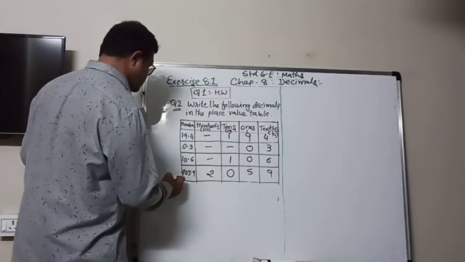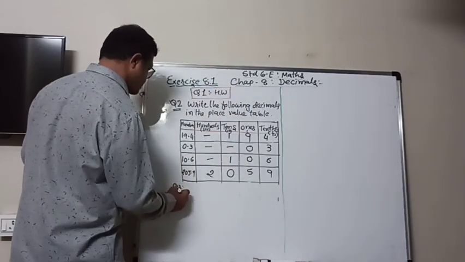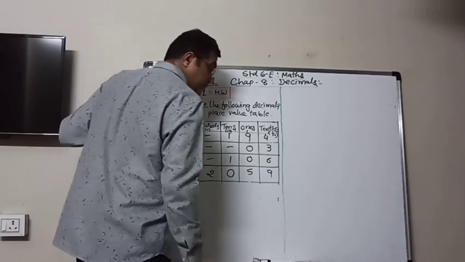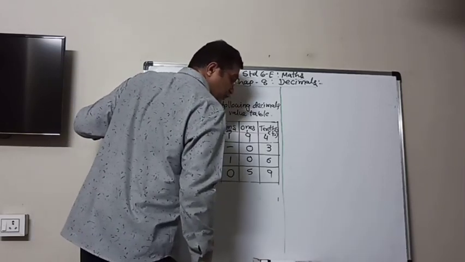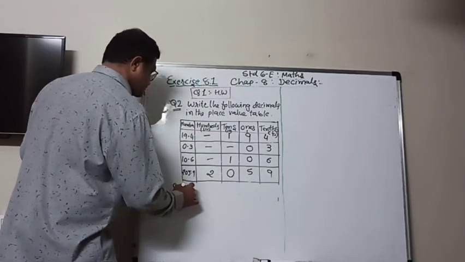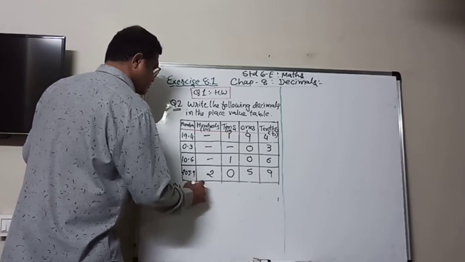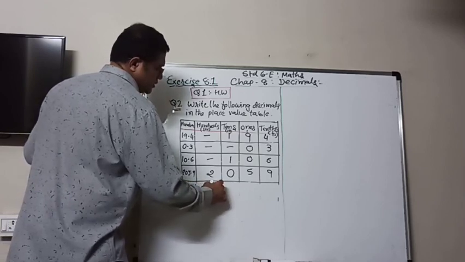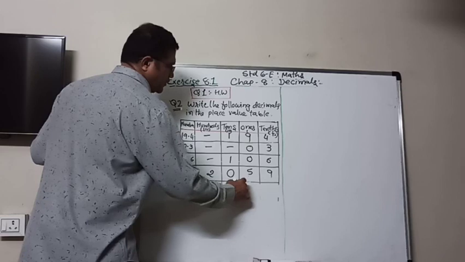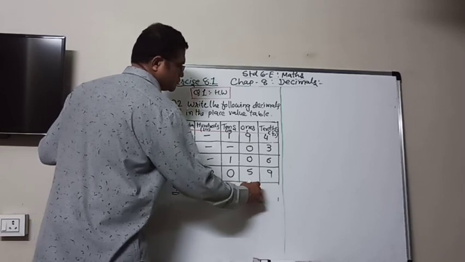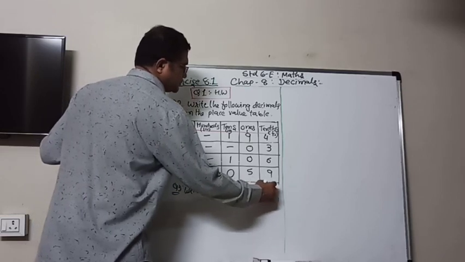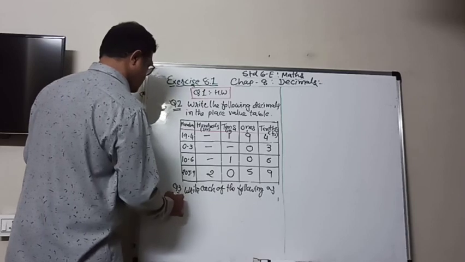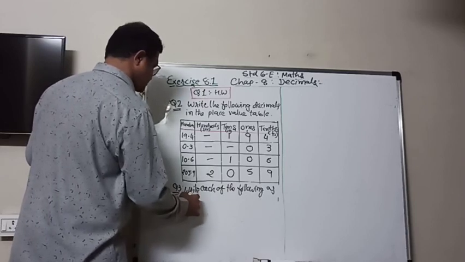Now next, question 3. Question 3 says write each of the following as decimals.